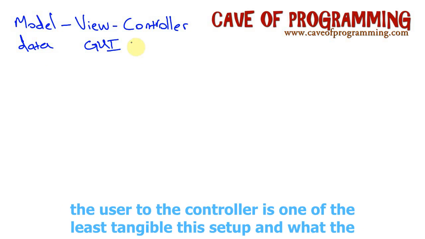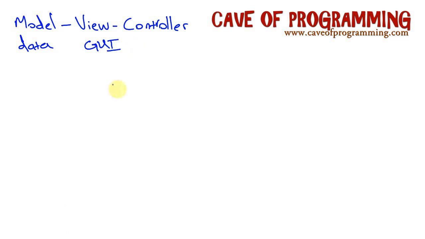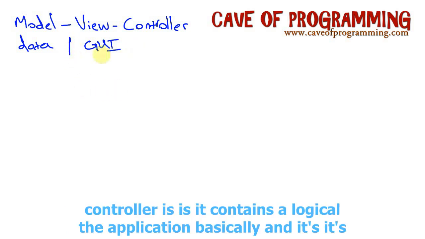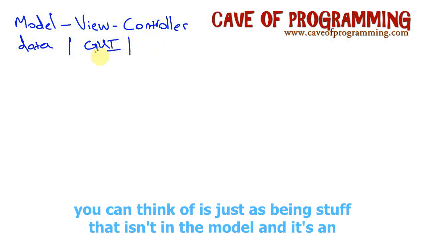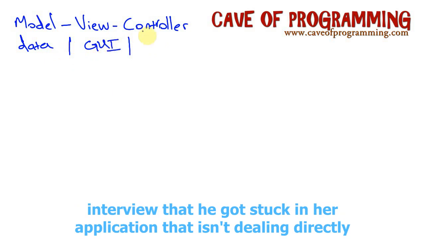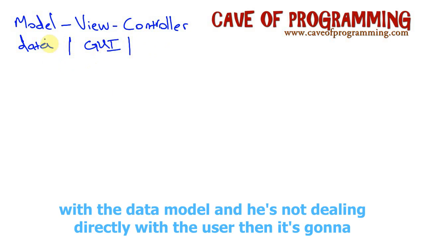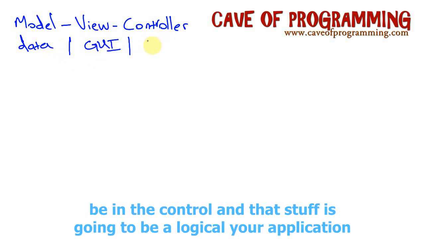So the controller is kind of the least tangible bit of this setup. The controller contains the logic of the application, basically, and you can think of it just as being stuff that isn't in the model and isn't in the view. So if you've got stuff in your application that isn't dealing directly with the data model and it's not dealing directly with the user, then it's going to be in the controller, and that stuff is going to be the logic of your application.